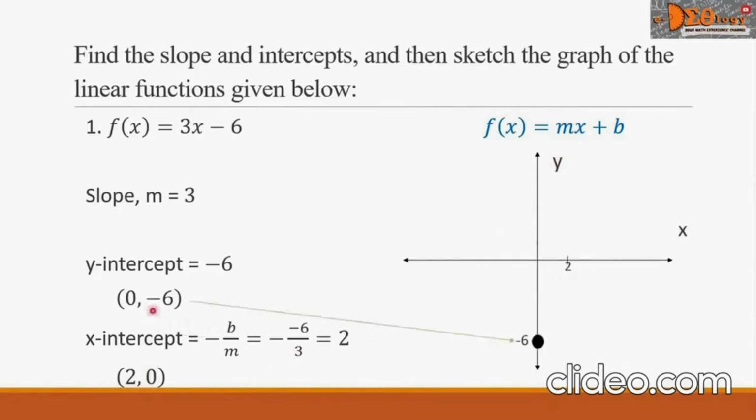First is 0, negative 6, that is the point, followed by 2, 0, that is the point. And then we connect the 2 points, and this is now the line f of x equals 3x minus 6. This is our final answer.